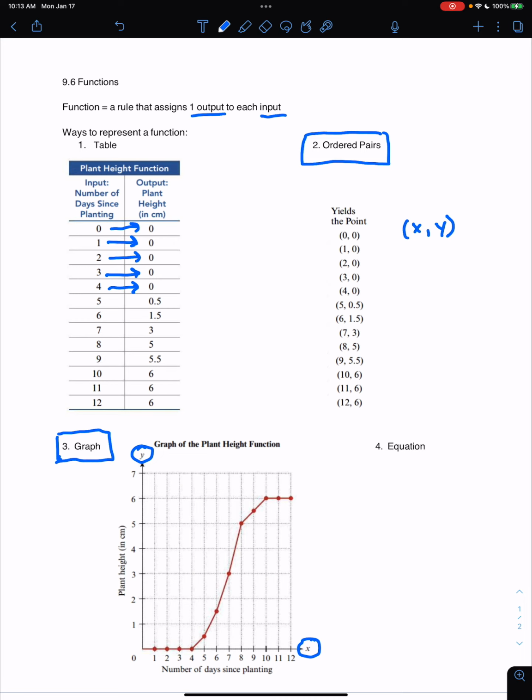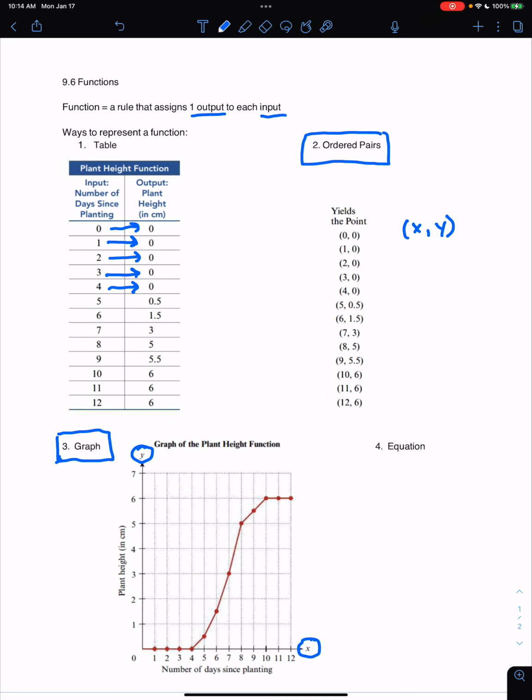In this case, we've connected the line because we've got a continuous function from one day to the next. Okay, so we can see the change. Sometimes graphs are good for us to see patterns and changes in data. So that's a really good way for us to represent our function.